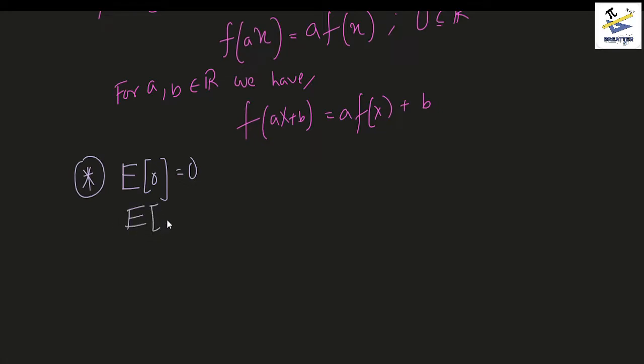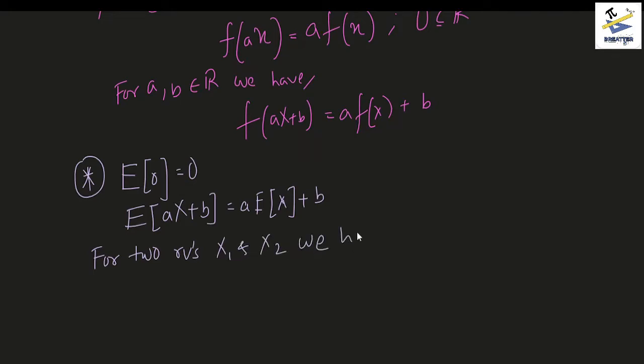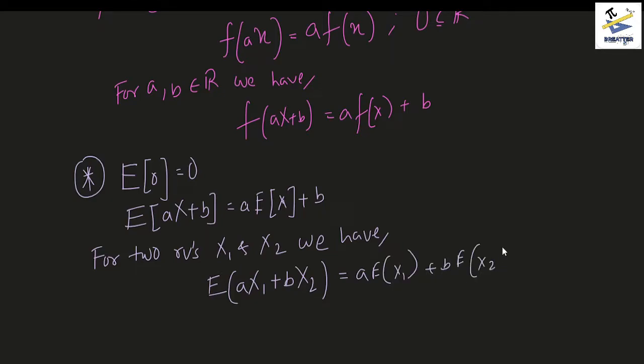Expectation of ax plus b, where a and b are real numbers, equals a into E of x plus b. And for two RVs x1 and x2, we have E of ax1 plus bx2 equals a into E of x1 plus b into E of x2.